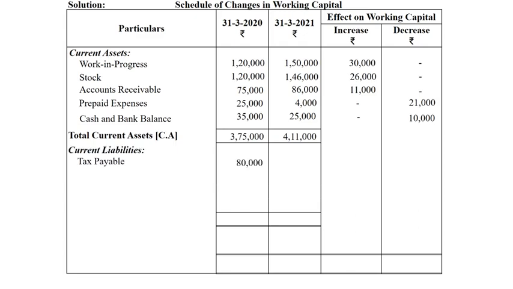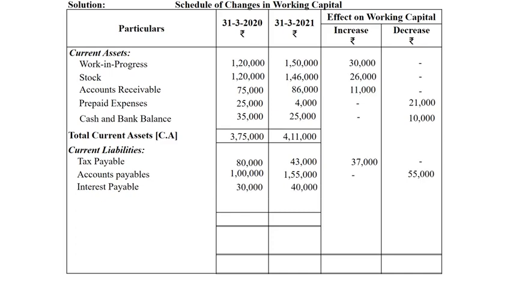Then take up current liabilities, tax payable 80,000 and 43,000. Decrease in current liabilities increases working capital, keep it in mind, by 37,000. Next, accounts payable 1 lakh and 1,55,000. Increase in current liabilities decreases working capital by rupees, difference is 55,000.